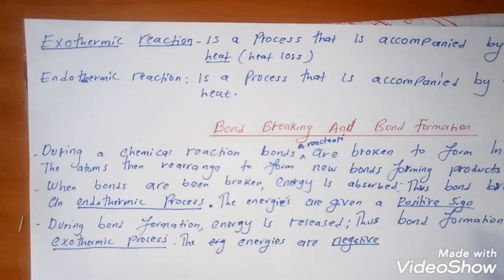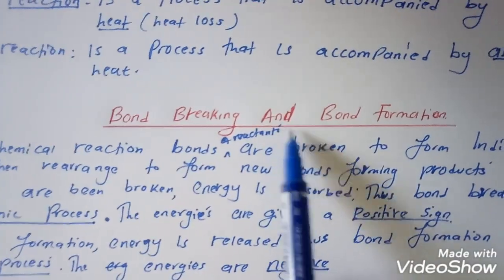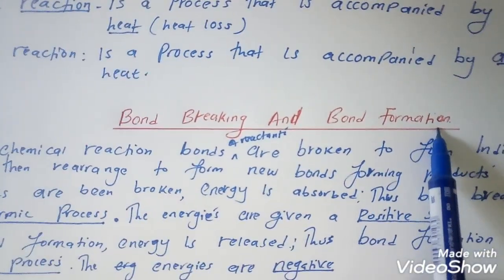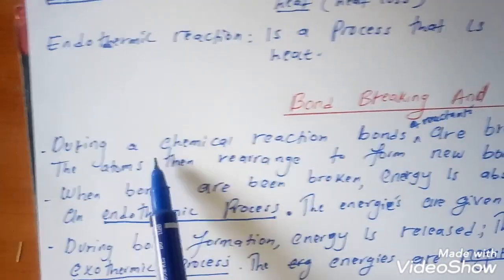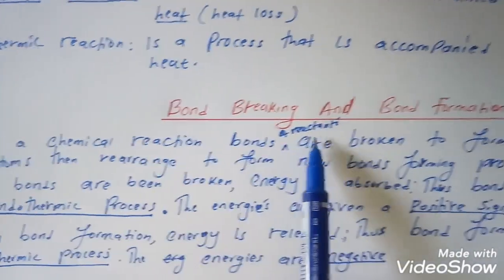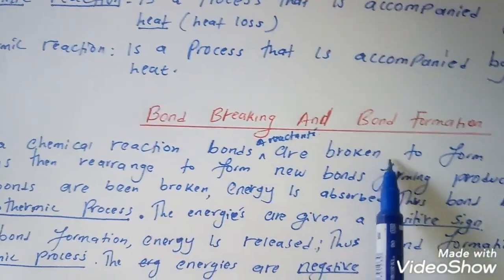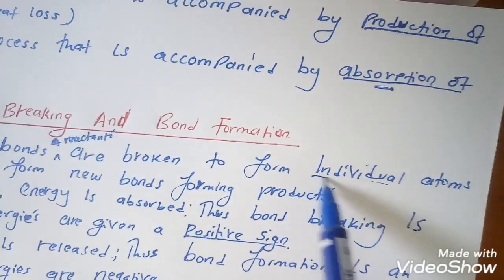Now today we'll be looking at bond breaking and bond formation. And we start by saying that during a chemical reaction, bonds of reactants are broken to form individual atoms.